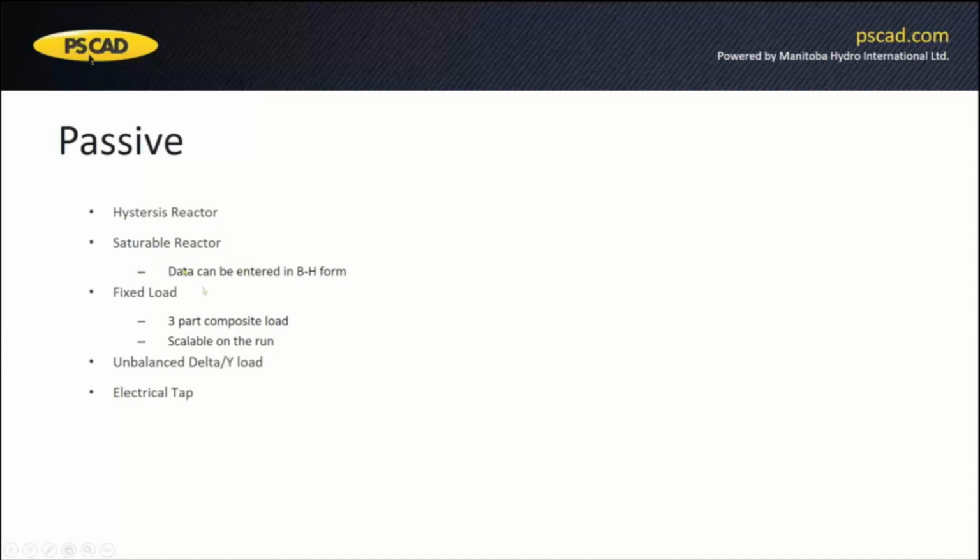The existing saturable reactor model has been modified so that you can enter data also in the BH form. The fixed load has been improved to make a composite load which can have up to 3 parts, and the fixed load can be scaled on the run.